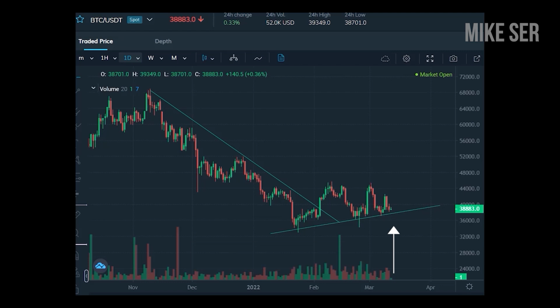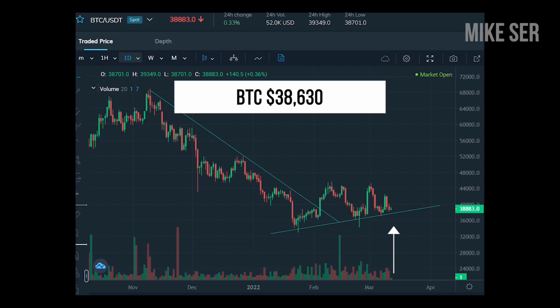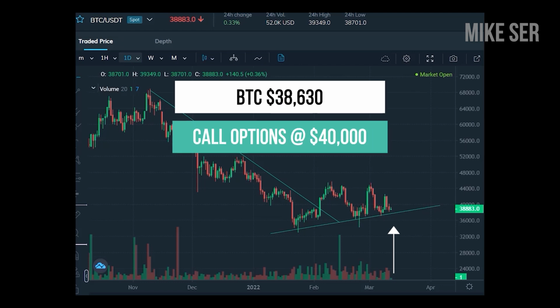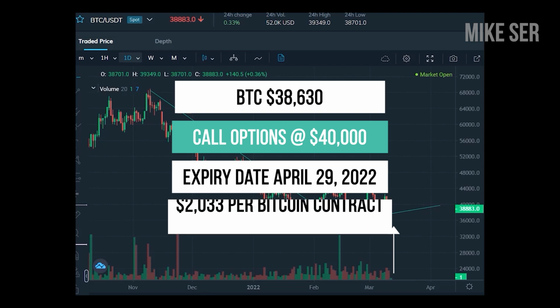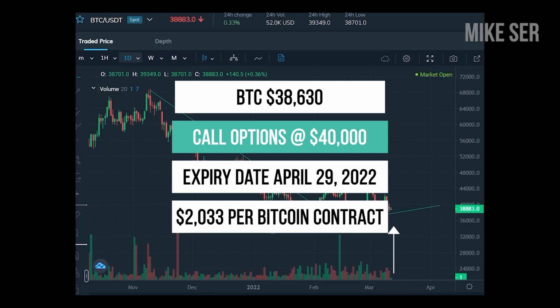Now at the time, the Bitcoin price was at $38,630, so we bought call option contracts at the strike price of $40,000 with an expiration date of April 29th, 2022. Now this cost us $2,033 per 1 Bitcoin contract at that time.